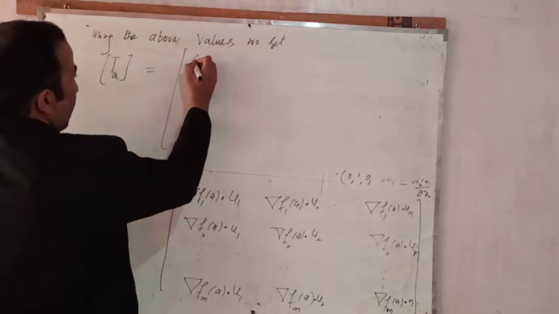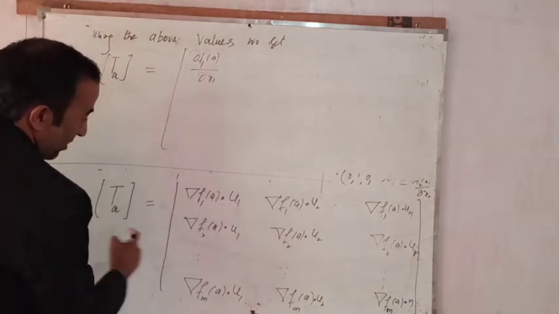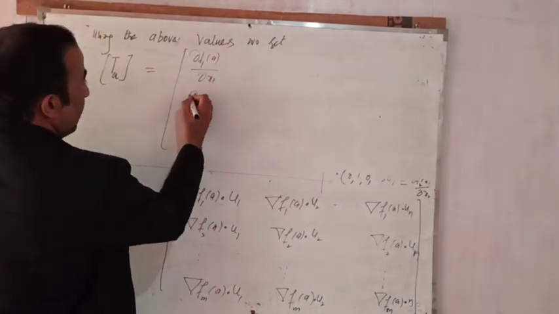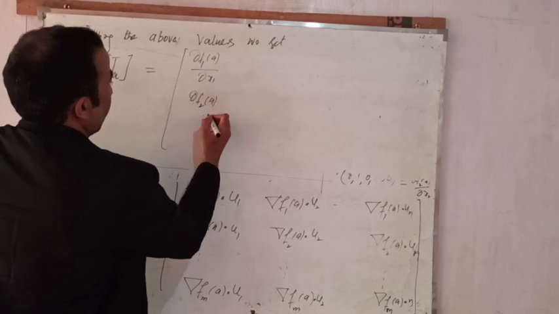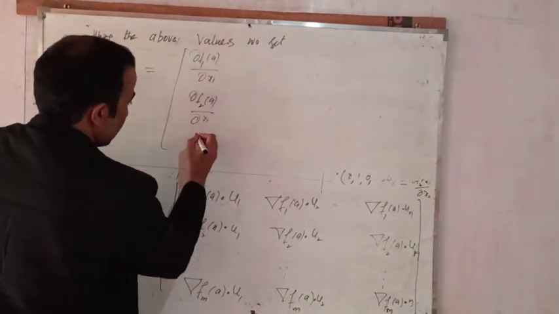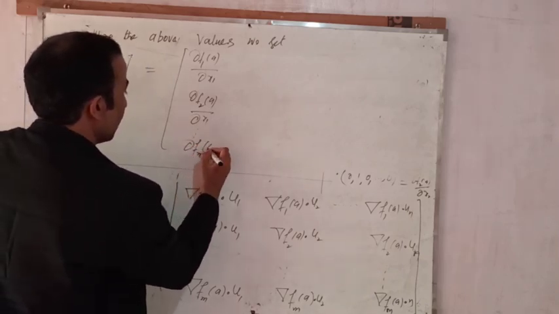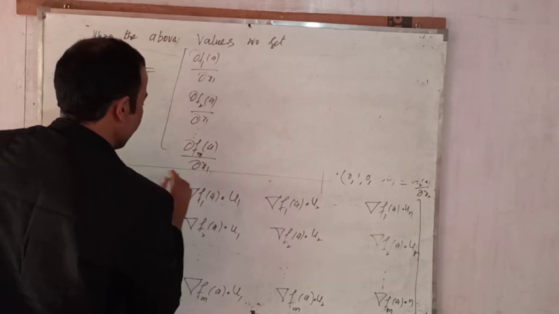The first column is del F1 at A by del X1, del F2 at A by del X1, and so on, down to the mth component of the function with respect to the same first variable.